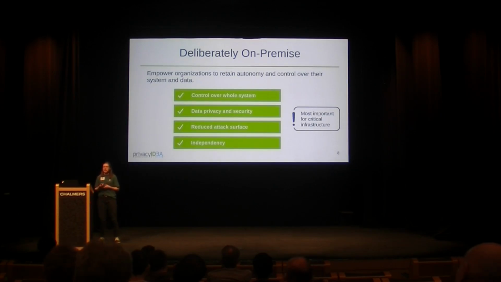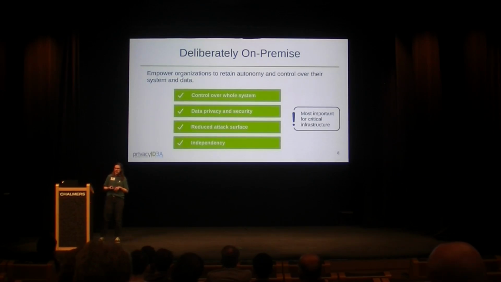And that's why many countries have special legal requirements, and they most often point to these aspects. So they need to ensure the availability, they have special data privacy requirements, and it's very common that they have air-gapped networks. So an on-premise solution is most often the best choice for these sectors.